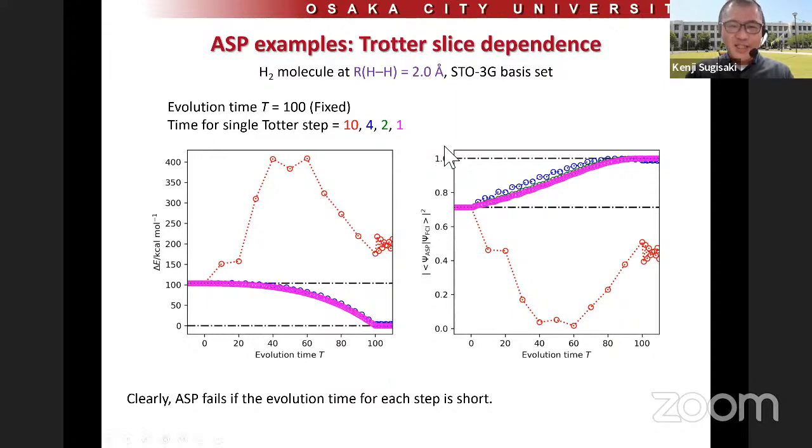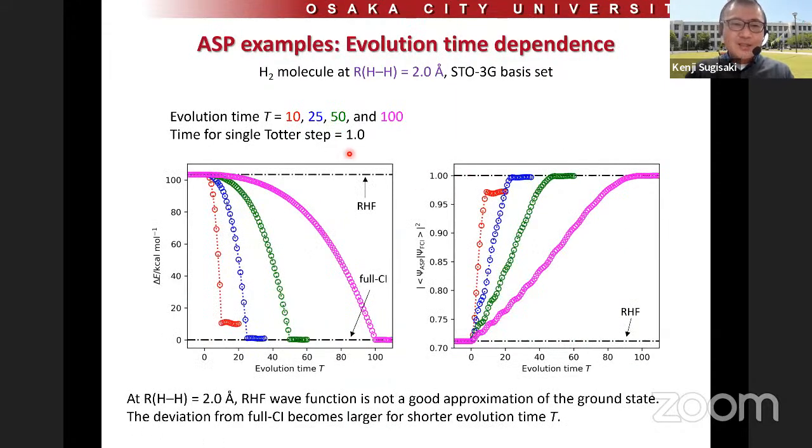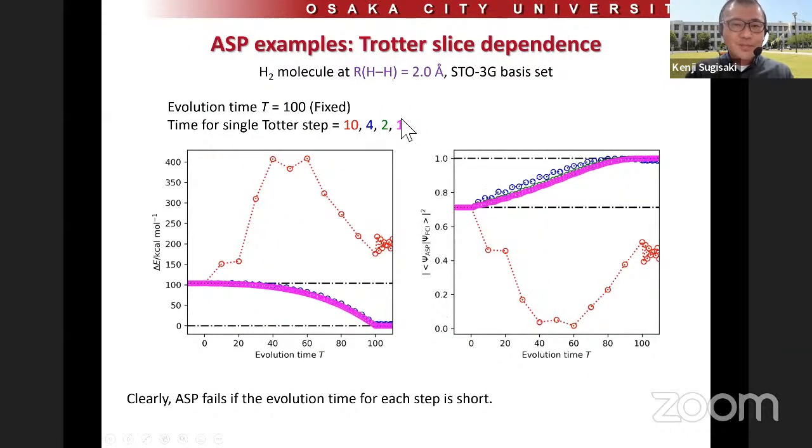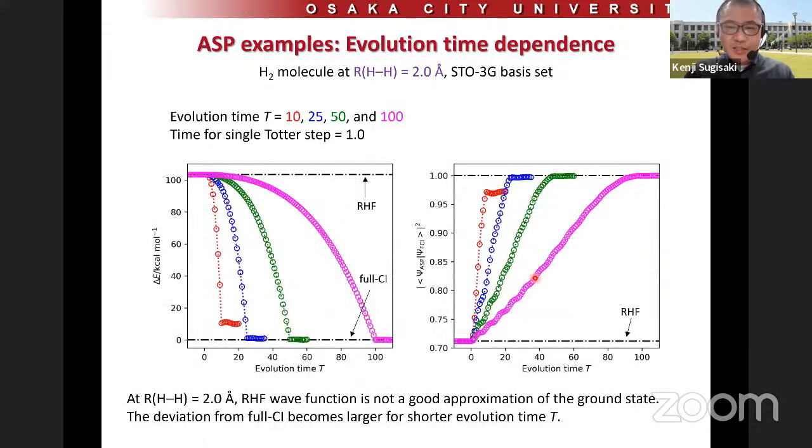In the previous slide, the time for the single Trotter step was set to 1. So this pink plot is equivalent to that plot.